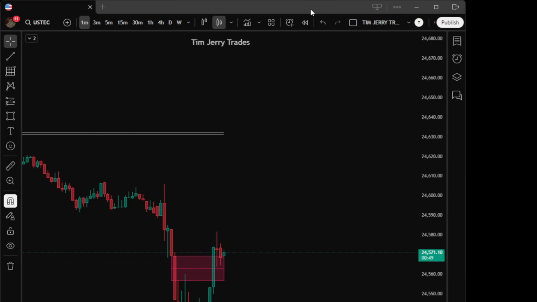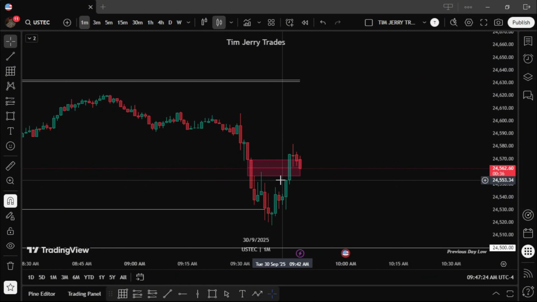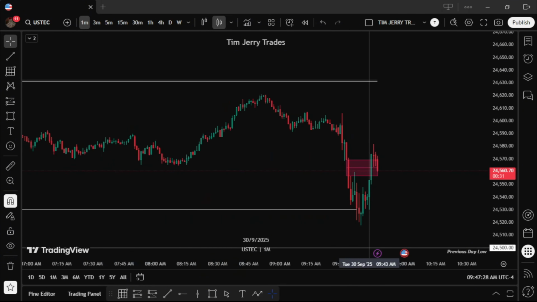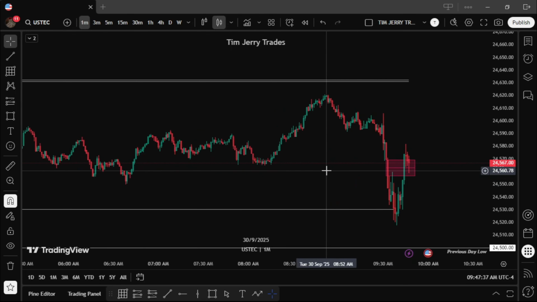Like I said, it was kind of dumb that I actually ended up taking another trade, because as you can see here, price already dropped into that fair value gap, which is literally below the consequent encroachment of the IFVG.